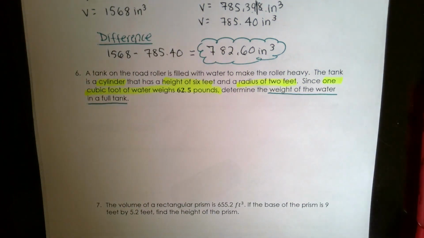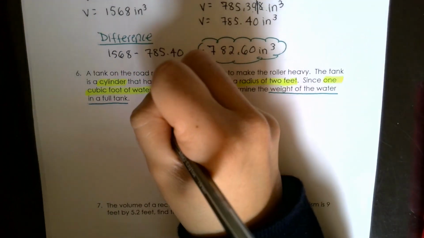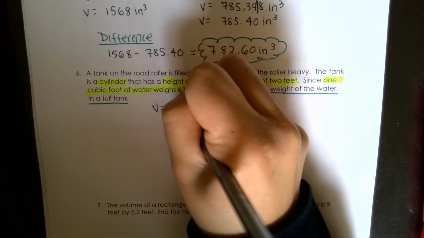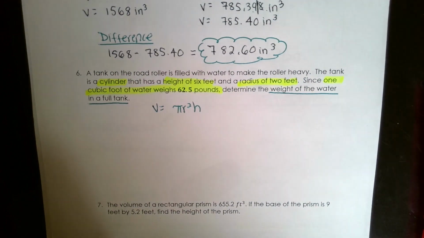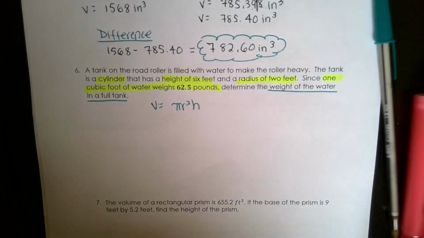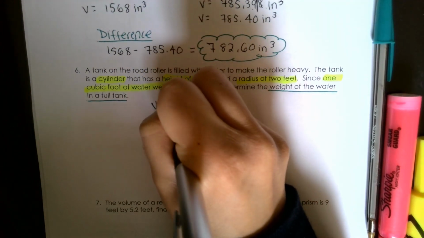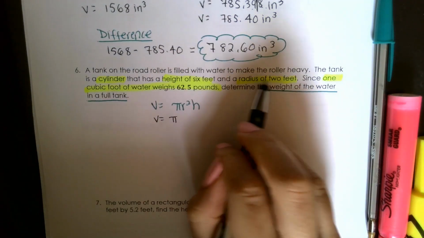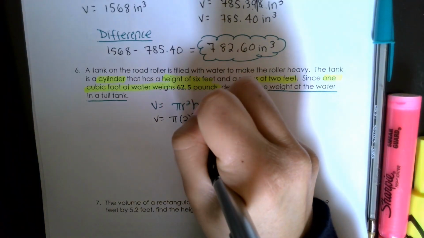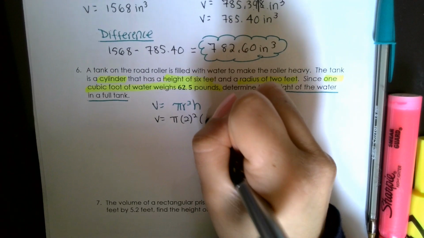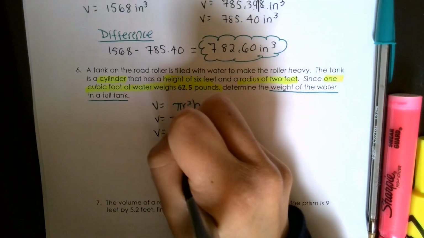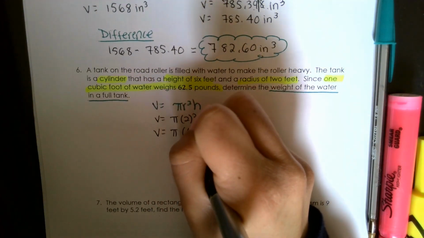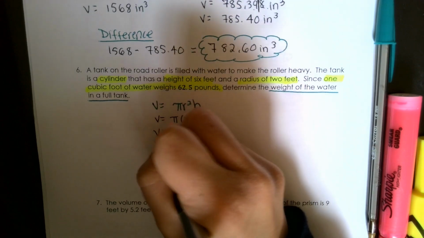So let's go ahead and write the volume of a cylinder, pi r squared times height. The radius given is 2, and my height is 6. So we have 4 times 6, that's 24 times pi.